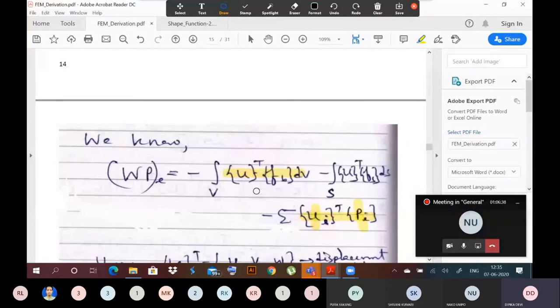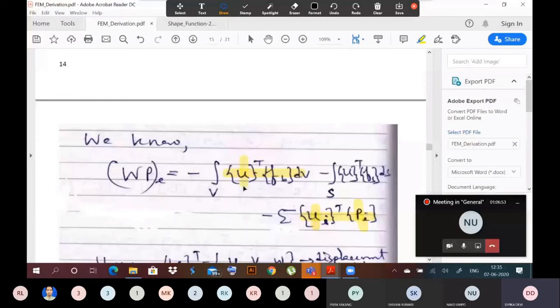So the body force may have three components acting along the x, y, and z directions. Similarly, we will have the corresponding components of displacement along the x, y, and z directions. So to find the total work done by this body force, I have to find the work done by the body force along all these three directions.